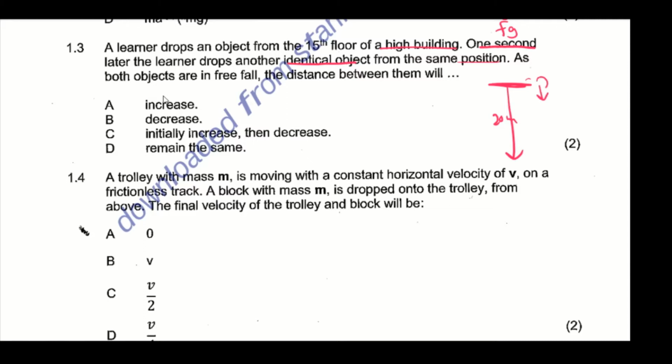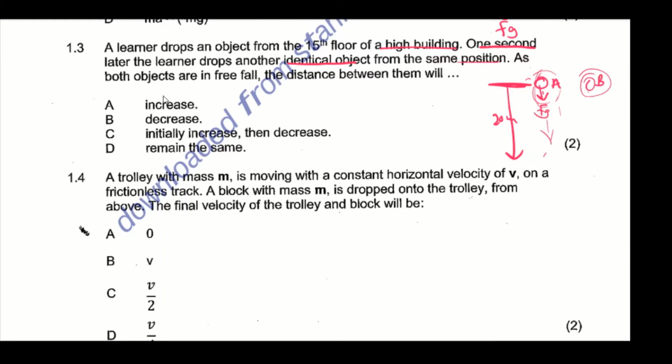So this ball is going to go down. Ball A will go down, right? And ball B will also go down after 1 second, right? So the distance between these, because it's a free fall, gravity is acting upon this ball, pulling it downwards, right? And the same with B, right?